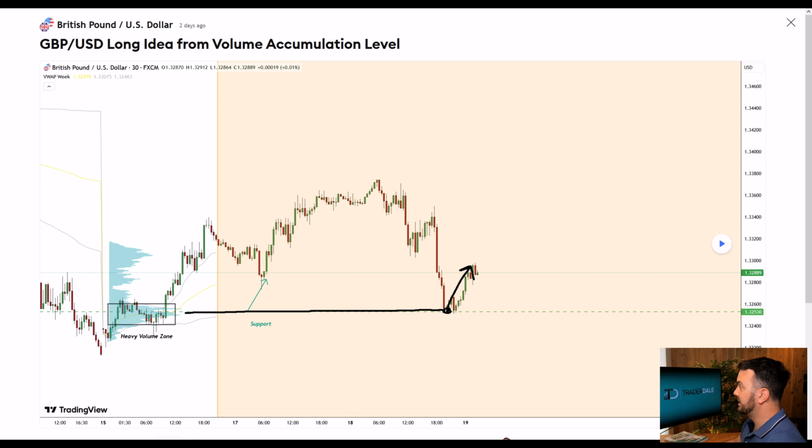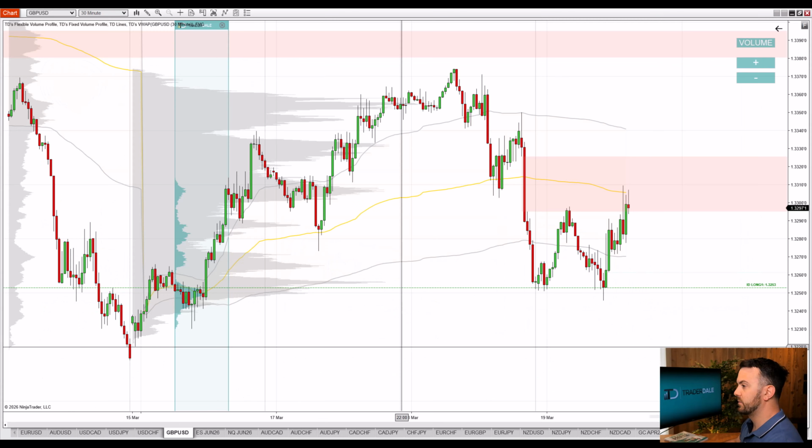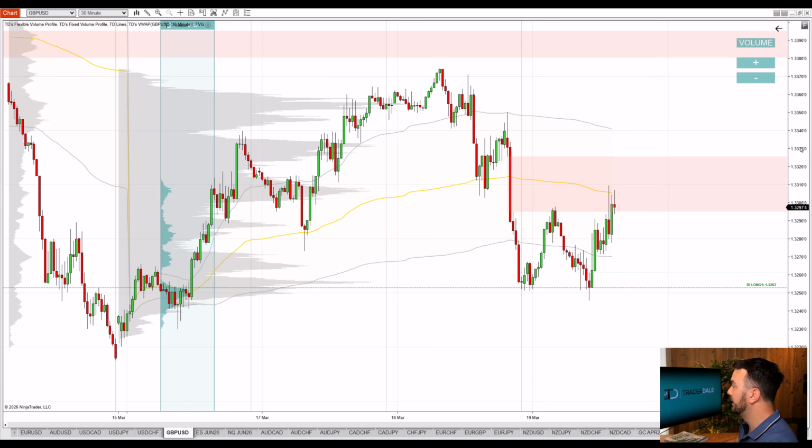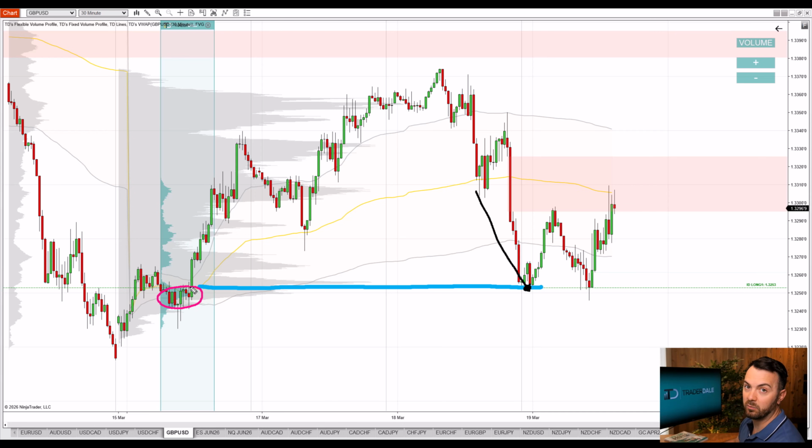Let me now go back to NinjaTrader again, where I can show you the stop loss and take profit placement. So we are back at the NinjaTrader 8 platform, and here is that long level. This is where the price hit that level. And the way I set this trade was I had my stop behind the heavy volume zone. The same logic as before.